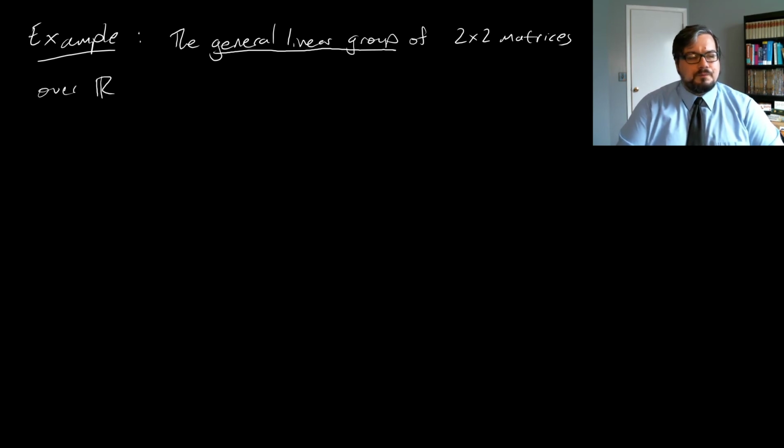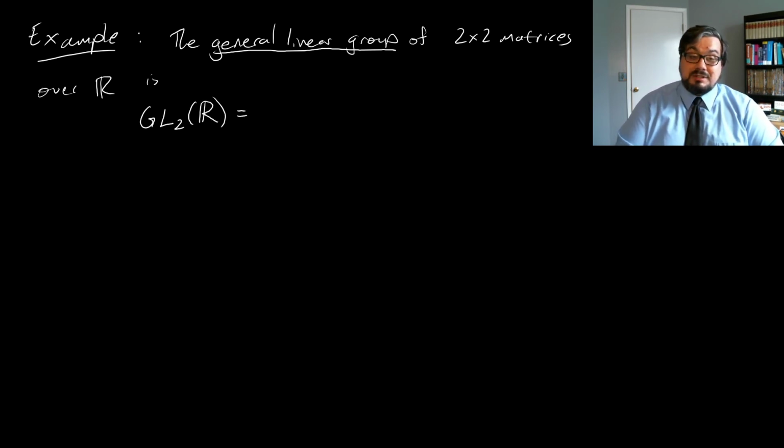The general linear group of 2 by 2 matrices over R is denoted GL2R.